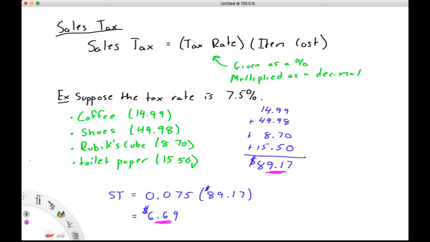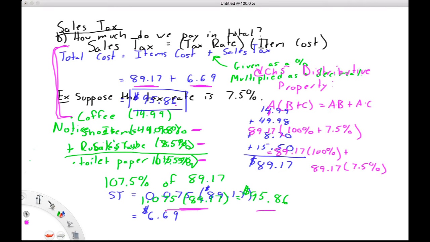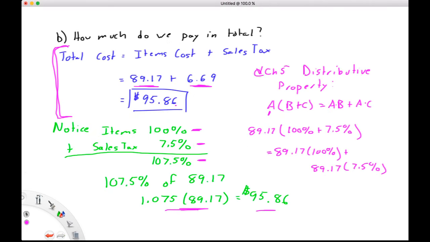So we pay the 89 for the items cost, and then we pay the 6.69 to the government for sales tax. And if we want to find out how much we spend in total, we have to add those two up. And that's what we did in Part B. The total cost has to equal however much we paid on the items plus whatever we paid on the sales tax, and that's the actual money that leaves our pockets.